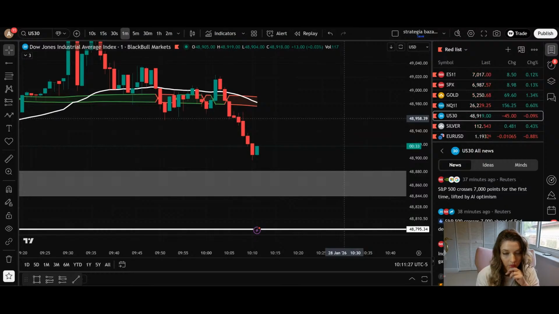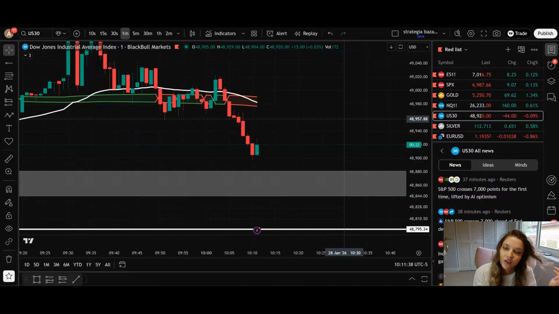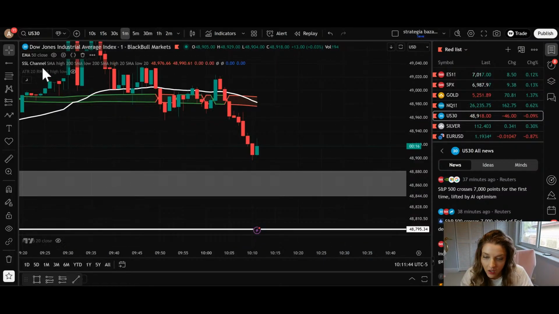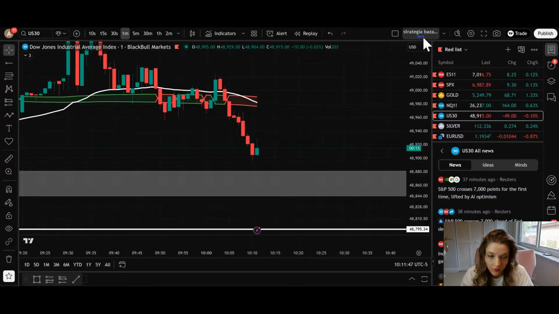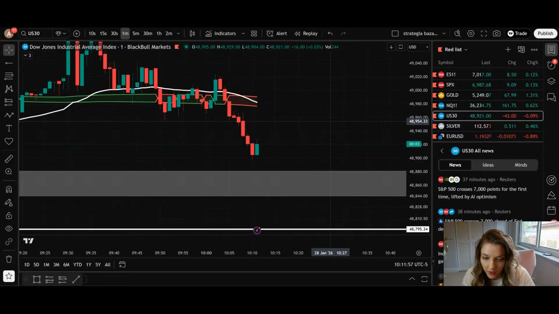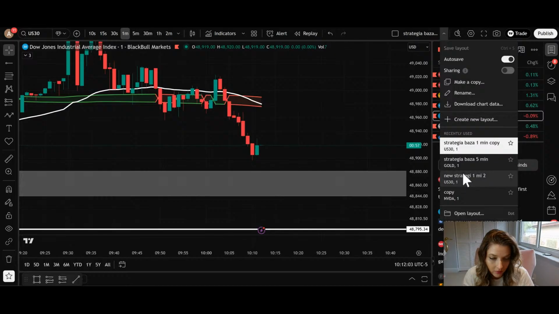Where do you see that on my screen? Oh, it's my base, base of the strategy. So I saved the indicators and all that. You save it here, because sometimes if you get out of TradingView and all the drawings disappear, you just go here and you have new strategy 5 minutes, strategy 1 minute, whatever.